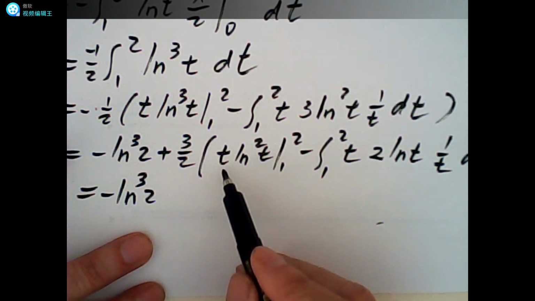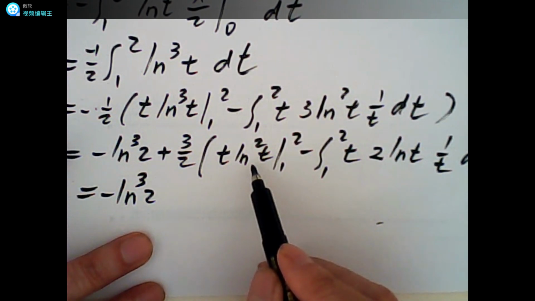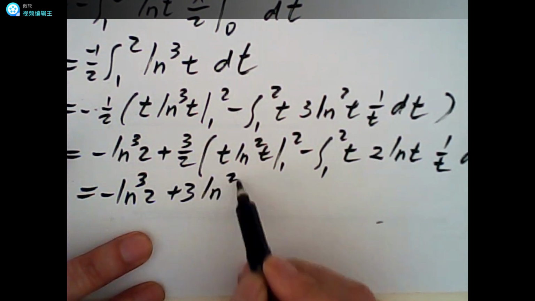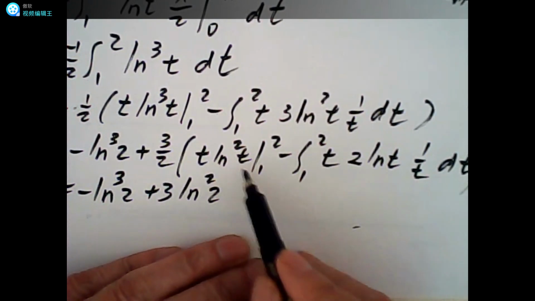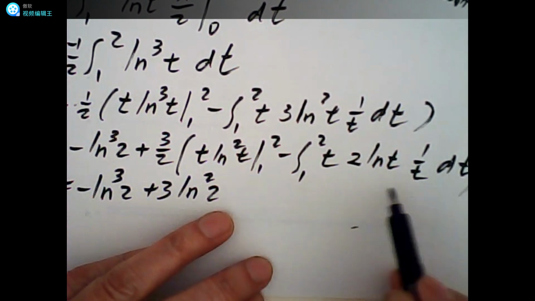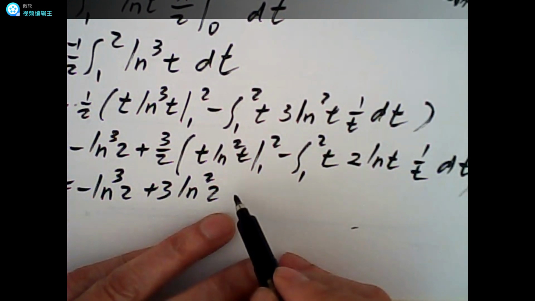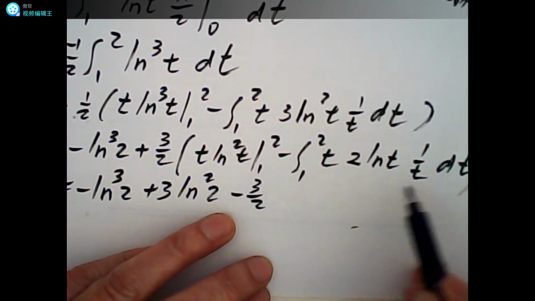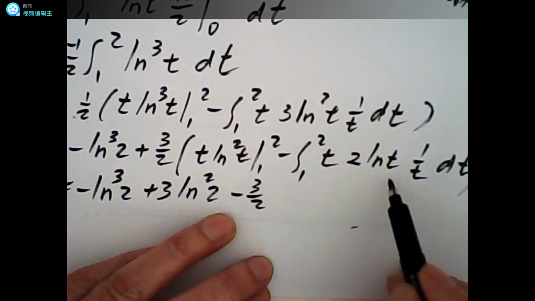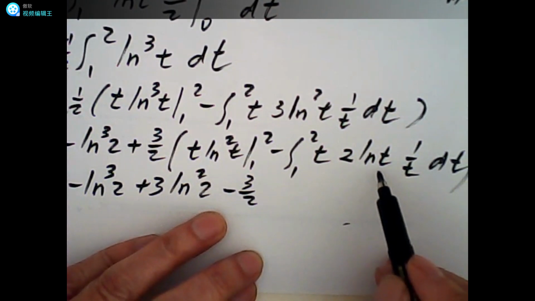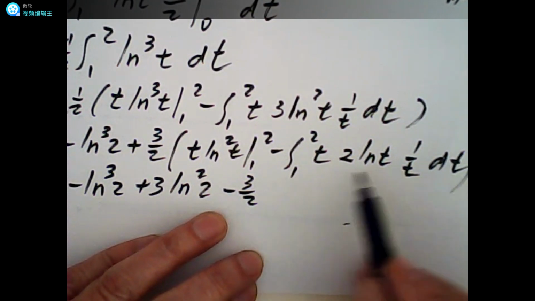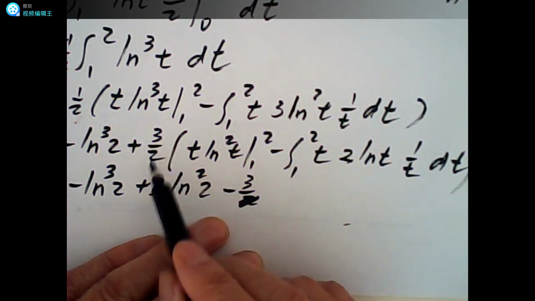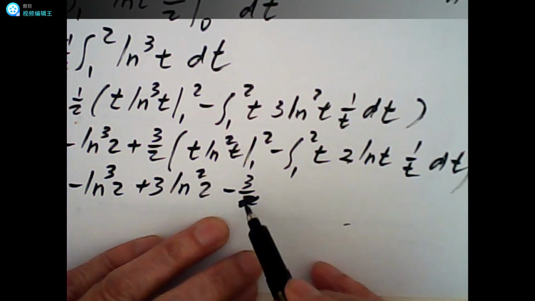This is 2 log square 2, right? Becomes 3 log square 2, and then 0 is gone. For that one is minus 3 halves. This 2 cancels out, sorry. There's no 2. 3 halves times 2 is 3.